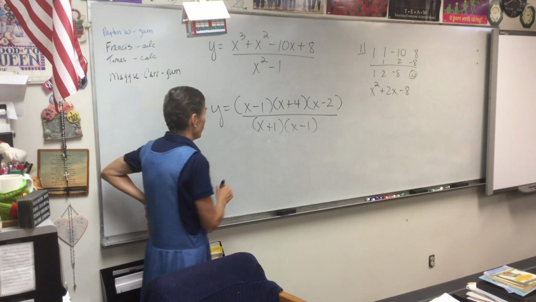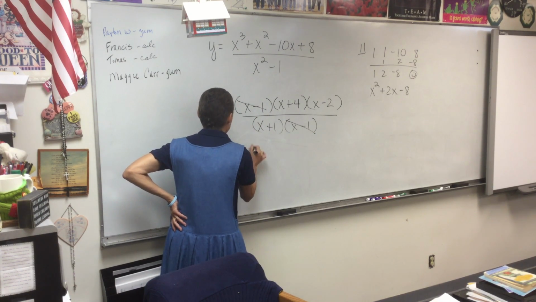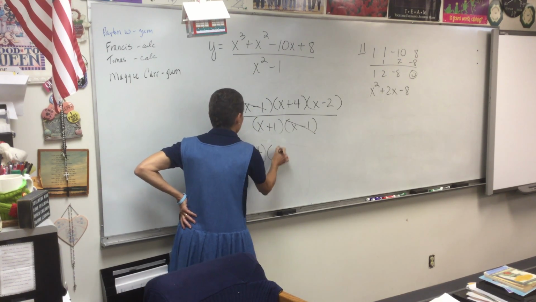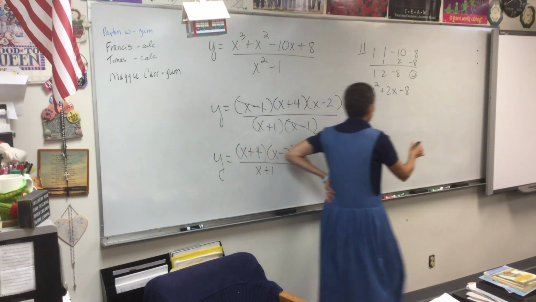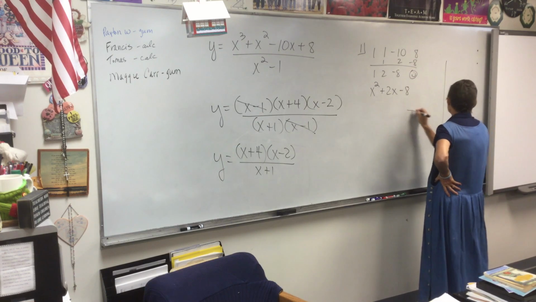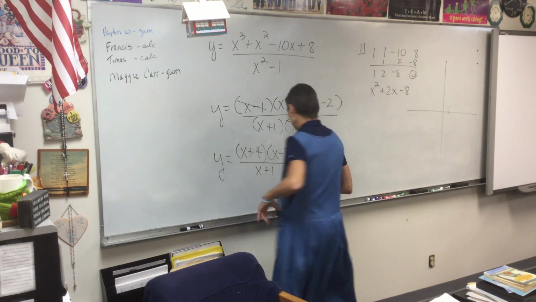And lo and behold, we have a hole. So let's take care of that right now before we do anything else. Let's take care of that hole. So where is the hole going to be? It's going to be where x equals 1.